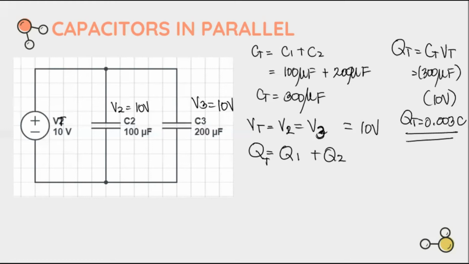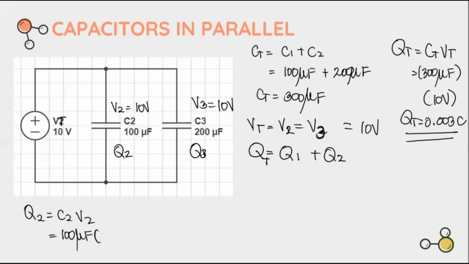So, pwede nating makuha yung kung kukunin natin yung individual charge sa Q2 tsaka Q1, okay? So, mag-start tayo kay Q2 pala to. Okay, Q2 is equals to C2V2. So, ang C2 natin is 100 microfarad.